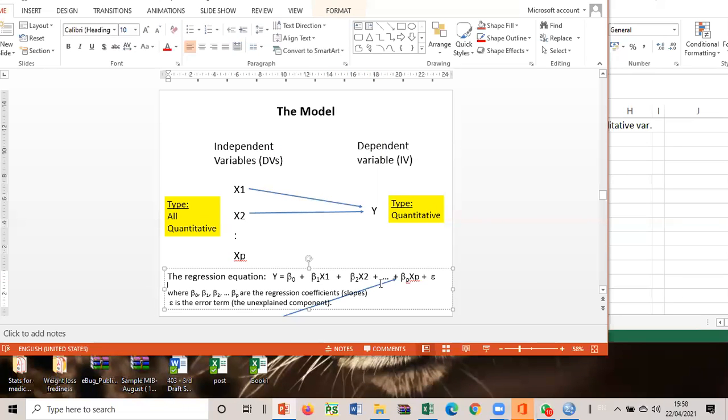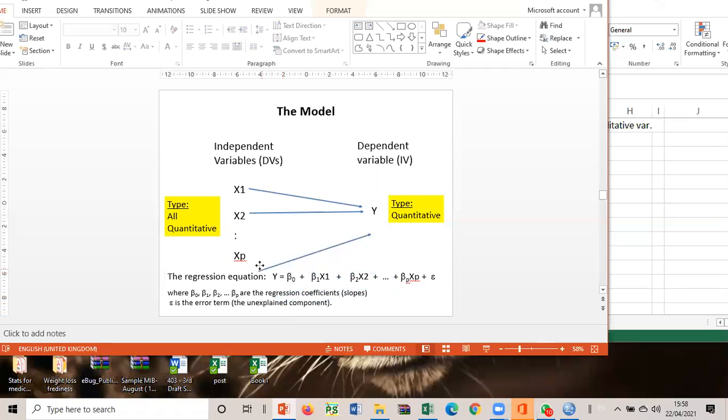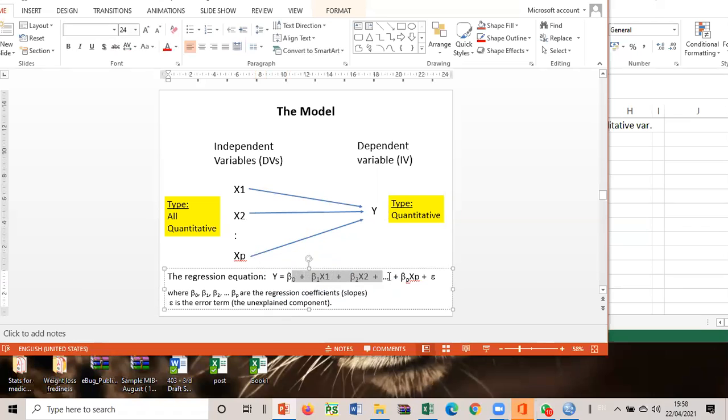Rajan, why are we adding more variables? Because we want our prediction to be more complete. One variable alone can't explain. When we add variables, we are trying to explain the outcome better.